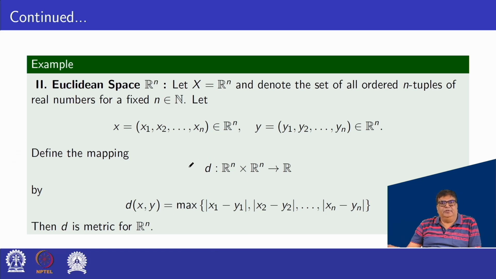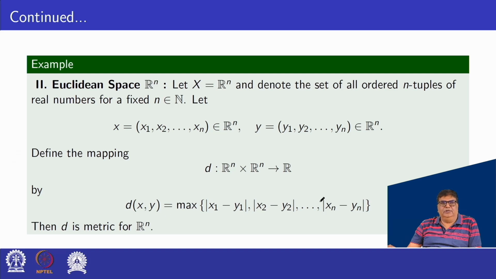So this is a very simple example. We can prove it as in the above examples. Here each term is a modulus value, so d(x,y) is greater than or equal to 0. If we interchange x and y, we get |y1 minus x1|, |y2 minus x2|, and so on, |yn minus xn|, which is no change, so d(x,y) is equal to d(y,x). Each term is a modulus value, so it is positive. d(x,y) is equal to 0 if and only if x is equal to y.